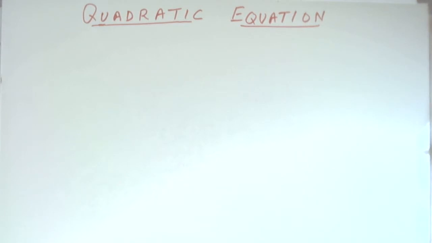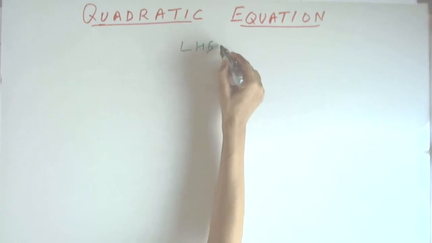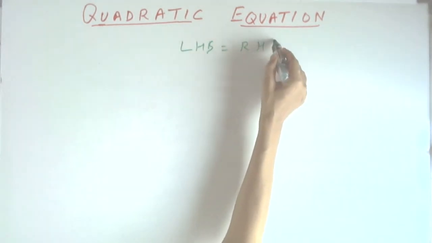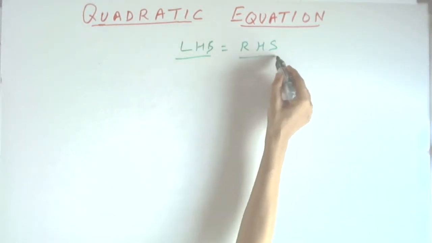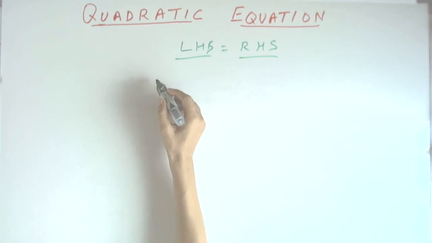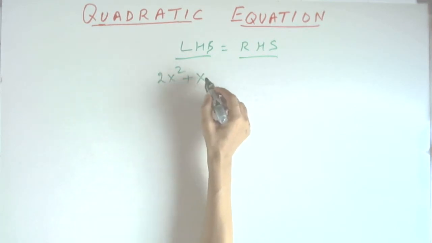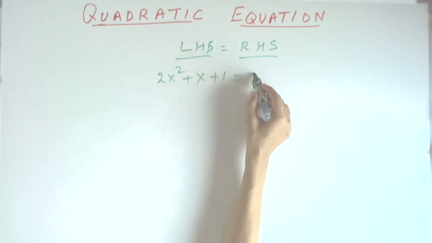As we have learned in the earlier video, a quadratic equation is an equation where the left hand side equal to 0 is written in this format, and it has a quadratic polynomial. The example we have taken is something like 2x square plus x plus 1 equal to 0.